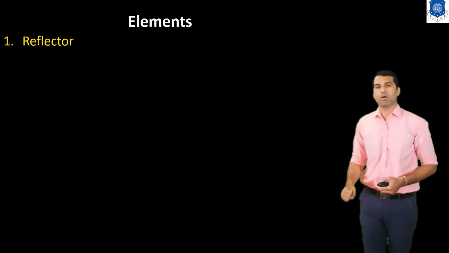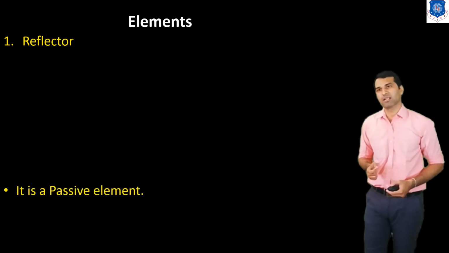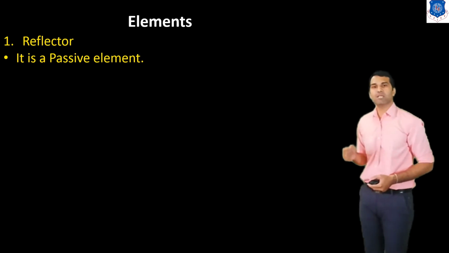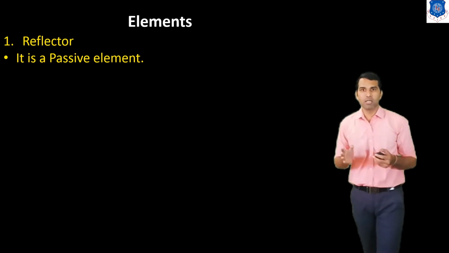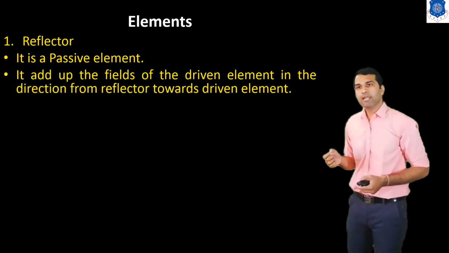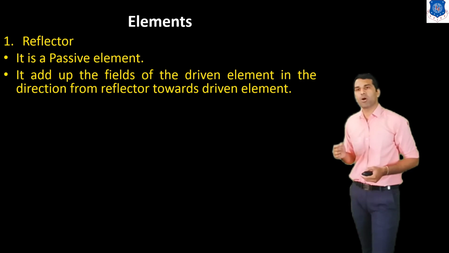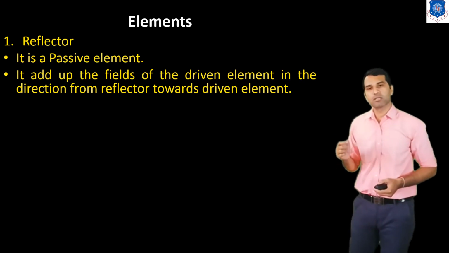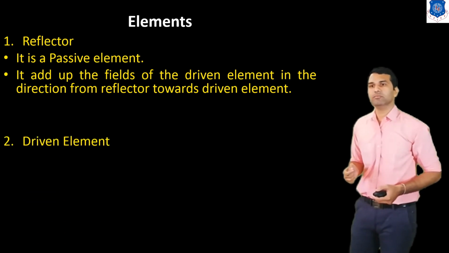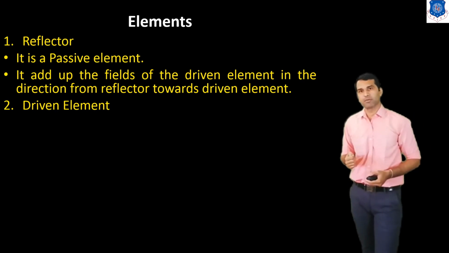Now we discuss the elements. First we discuss the reflector. It is a passive element because we do not give any supply to this element. It adds up the field of the driver element in the direction from the reflector towards the driver element. Now the second element is the driver element.